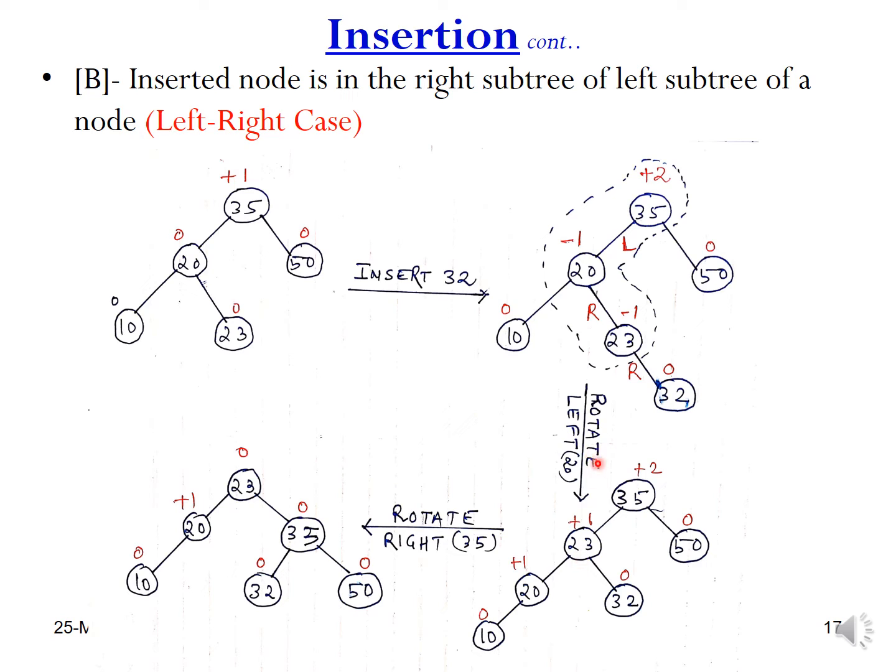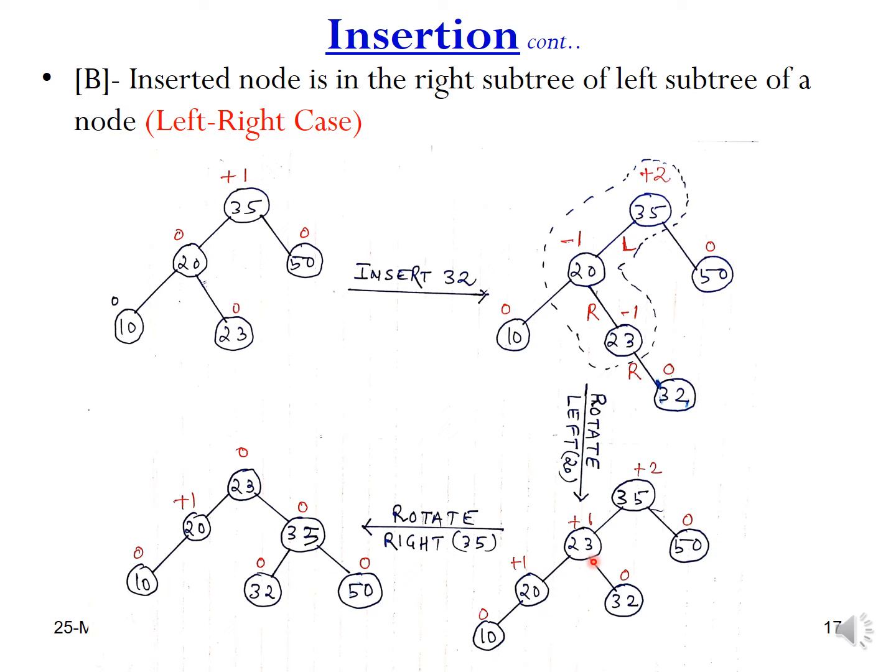So first we rotate left: node 20 is rotated to the left, so it comes out to be 35, 23, with 23 coming here, and this is 32, and on the left this is 20 and 10.